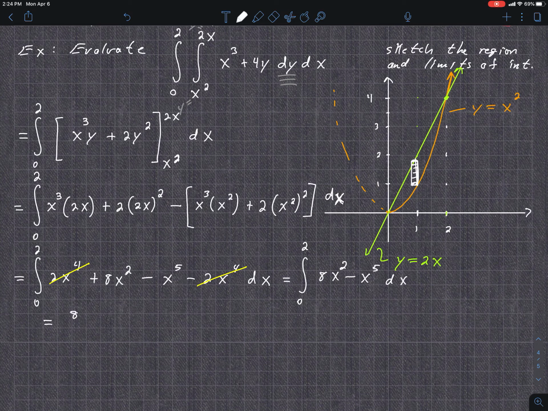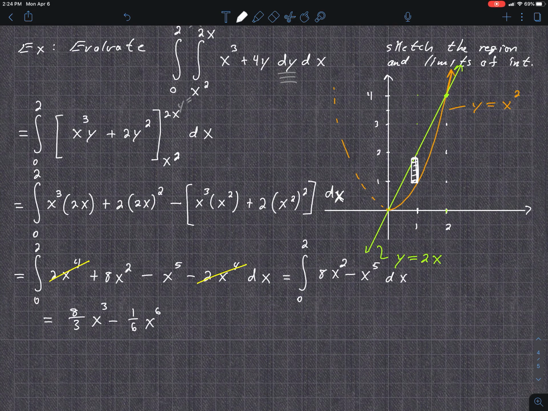Okay, so this time I will work it out a little bit. So you get 8/3 x cubed minus 1/6 x to the 6th, and then you're going to evaluate that as usual from 0 to 2. Since it's just a polynomial, when you put in 0, you'll get 0.